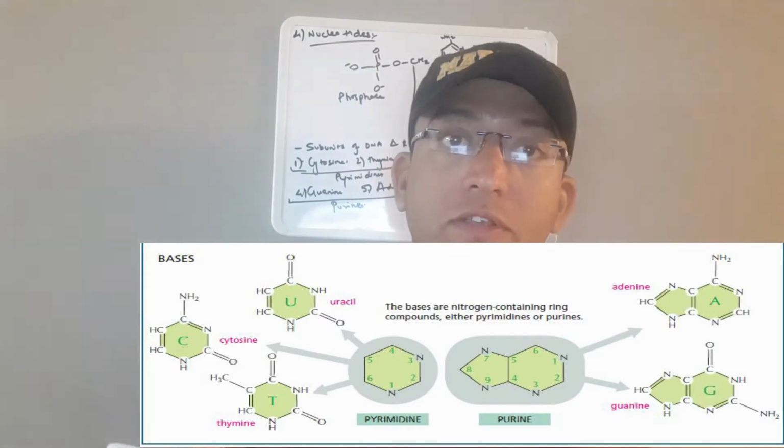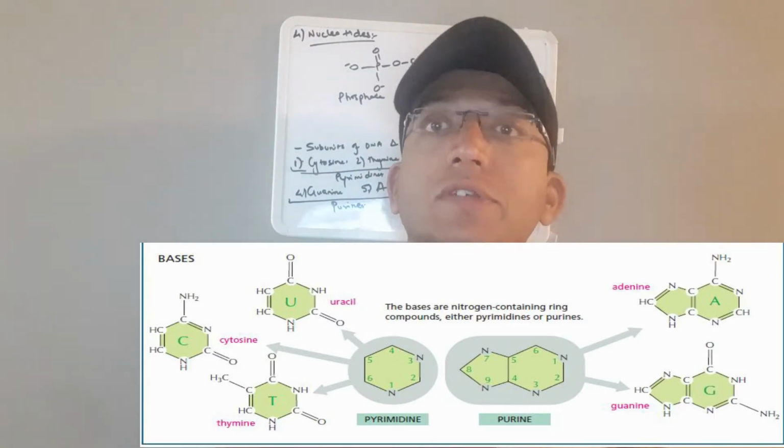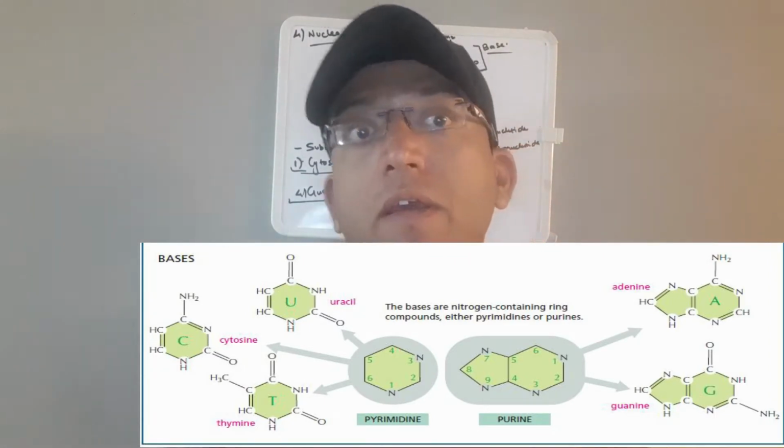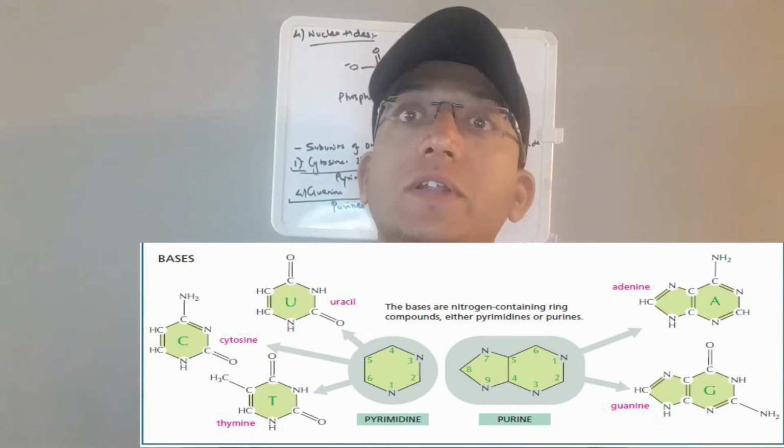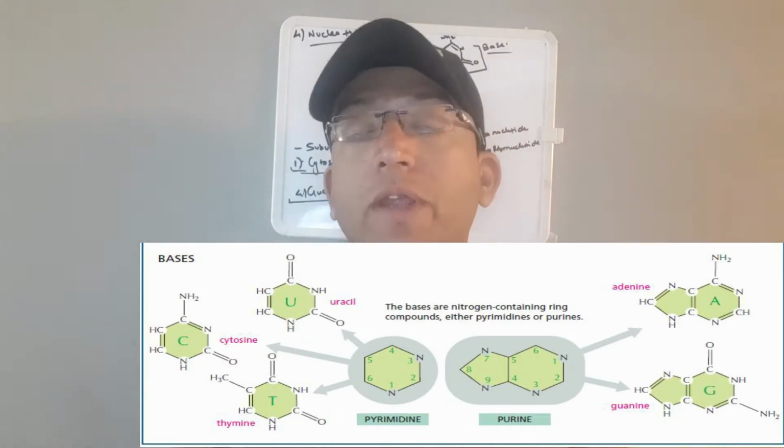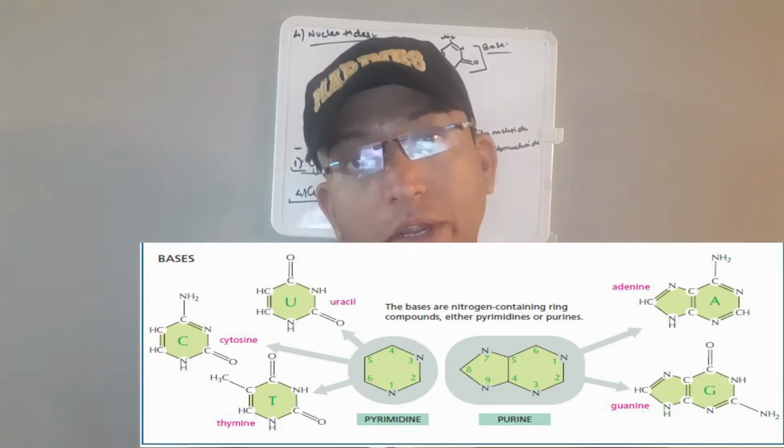So the difference is that pyrimidines have a 6-membered pyrimidine ring, and purines have a second 5-membered ring fused to the 6-membered ring.